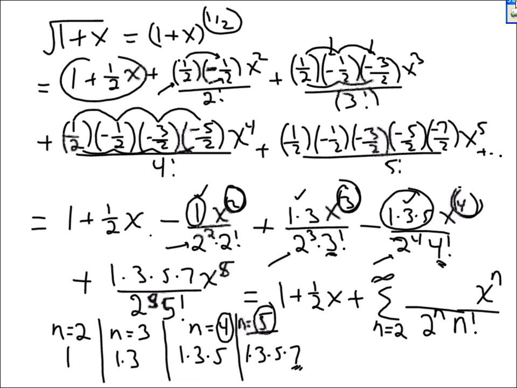If you double n, you get 8. Take away 3, and then 5. If you double n, you get 6. Take away 3, tells you to end at 3. So it goes from 1, 3, 5, etc. up to 2n minus 3. And here is your answer.